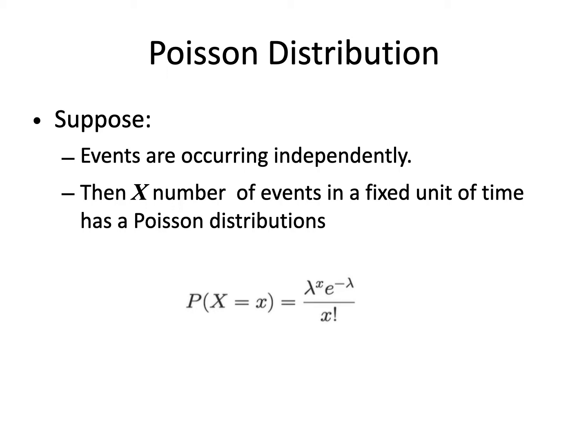In other words, knowing when one event happens gives absolutely no information about when another event occurs. So if this condition holds, then the random variable x, which represents the number of events in a fixed unit of time, has the Poisson distribution.